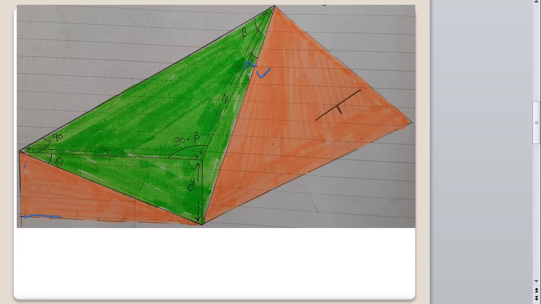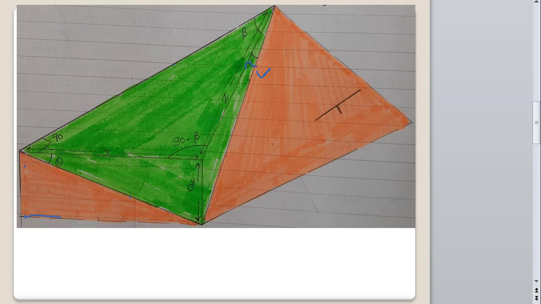Beta is the angle between the strike of the plane and the apparent dip direction, the plane of the cross section, because we have to prepare cross sections in different directions.